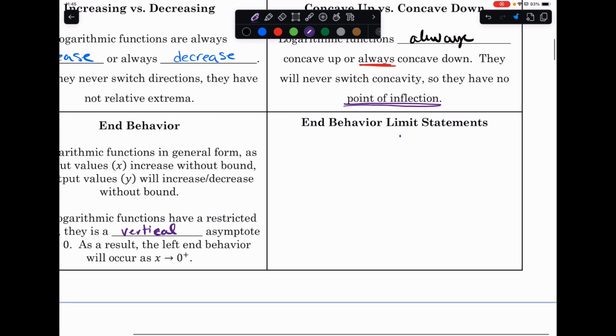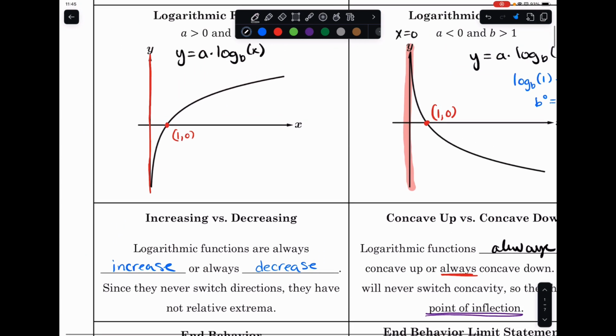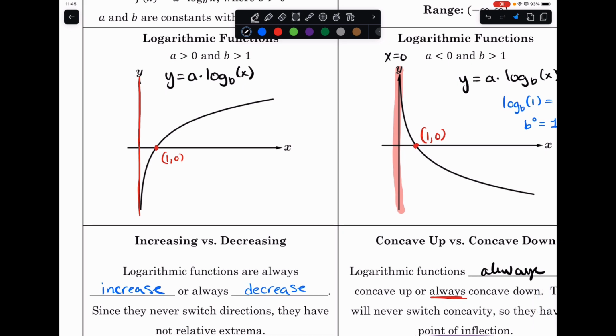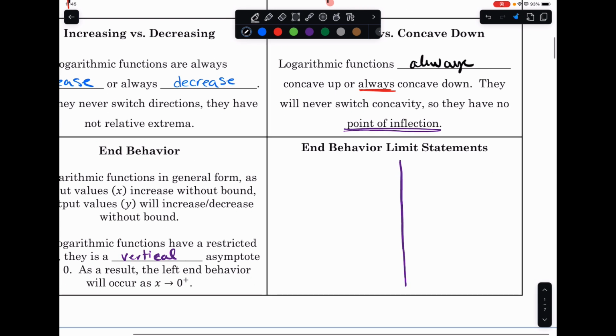So let's split this into two parts, and let's write the left and right end limit behavior on this function over here for the value of a being positive. So the value of a is going to be positive in this equation for a times log base b of x.